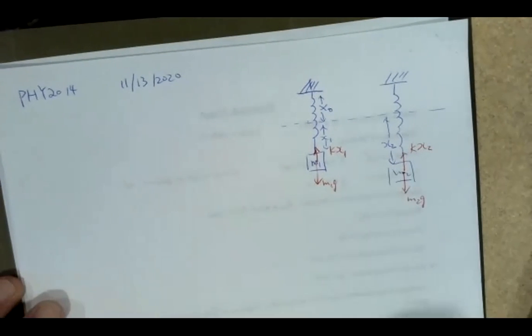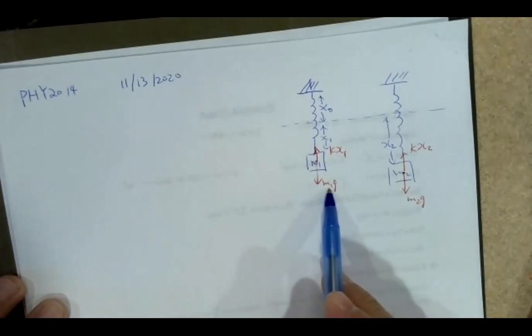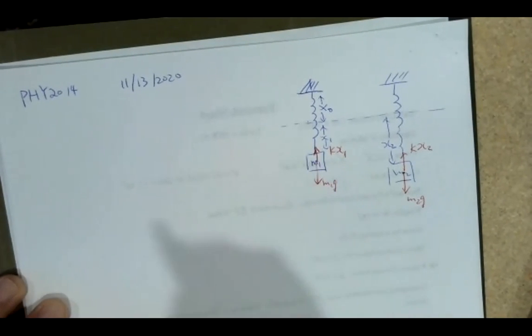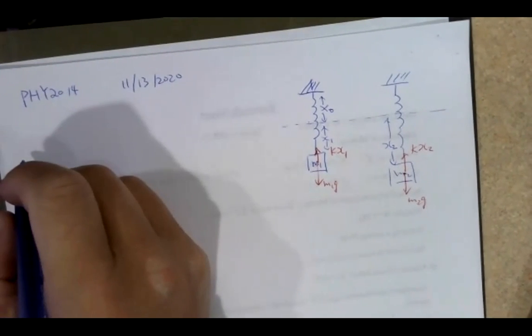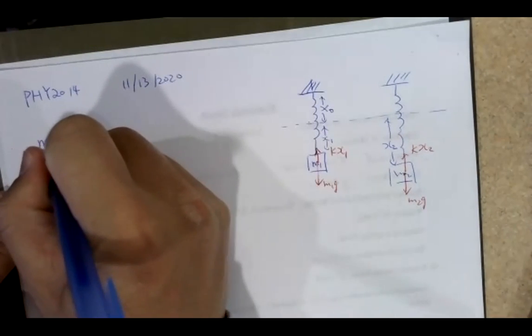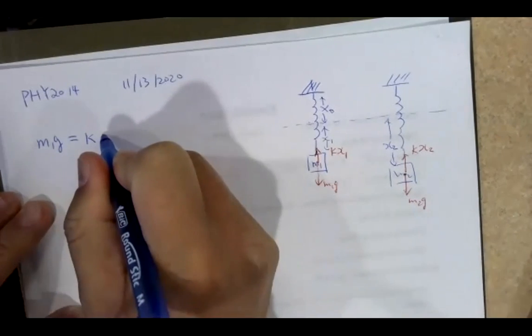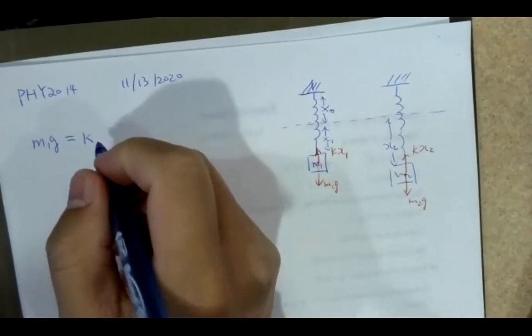So two equations you can write out, and kx1 and m1g should be equal to each other, because this mass is in equilibrium. So you can basically write out that m1g equals kx1. Or actually, I think it's referring to x1 as being the total length of the spring. Let me take a look here.